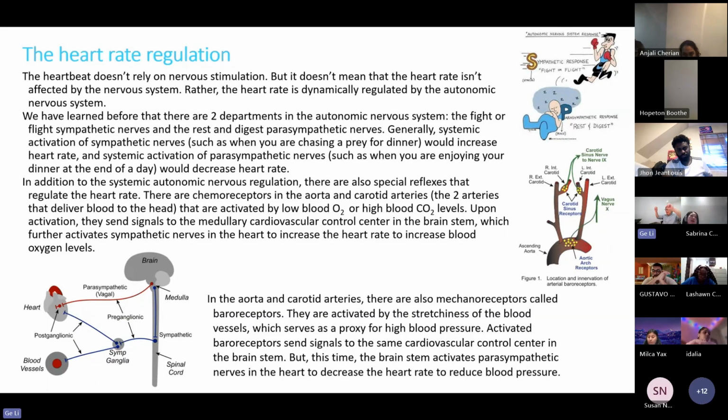So the baroreceptor sends the high blood pressure signal to the brain, and the brain returns a parasympathetic nervous system signal to tell the heart to beat slower. This is a major thing which will very likely be on the test: how the heart rate is regulated through the baroreceptor.